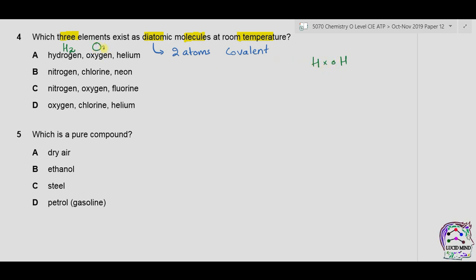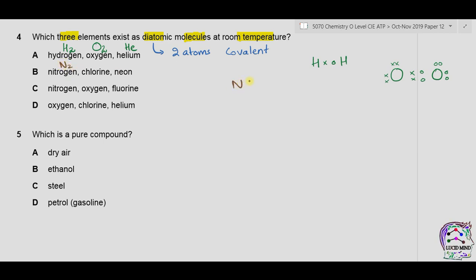Second is oxygen. Oxygen is written as O2, and in oxygen, two bonds are formed between two oxygen atoms to complete the octet. Third one is helium. Now helium is a noble gas and it does not make any bond because the outer shell of helium is already complete. In B we have nitrogen.